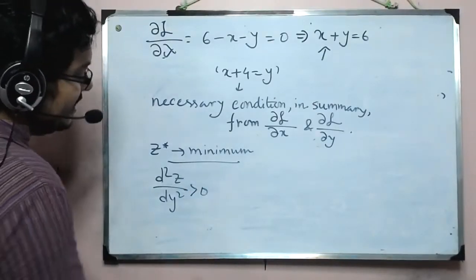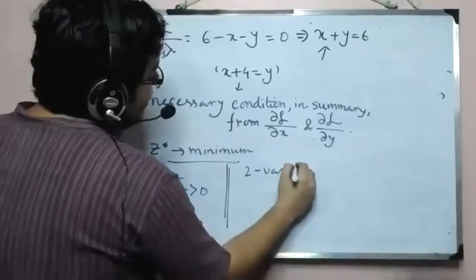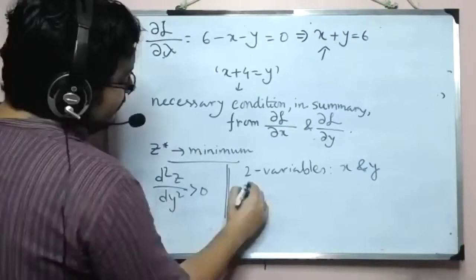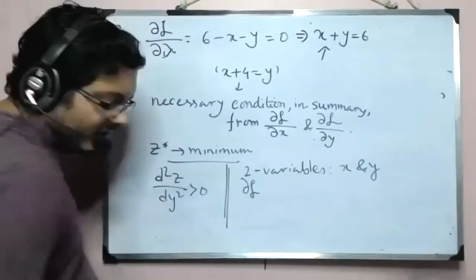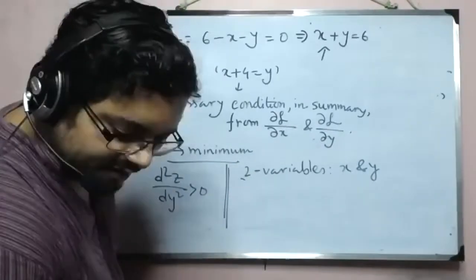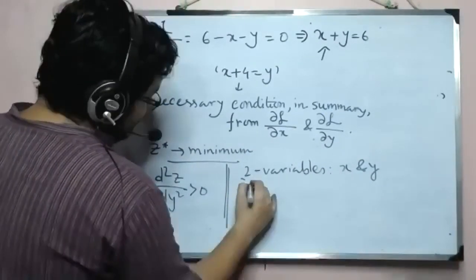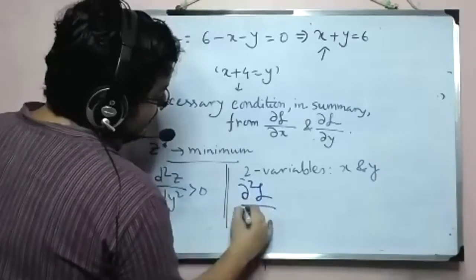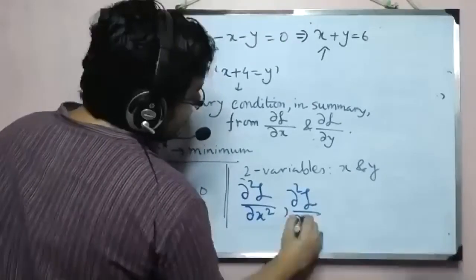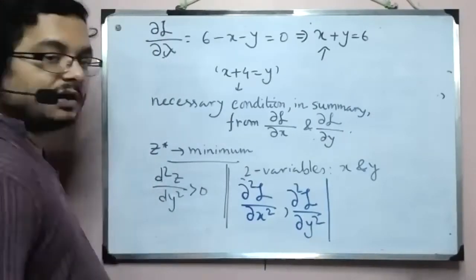Now the question is, here we have two variables x and y. So if we move into second order, we will have first a set of second orders, and then we will also have a set of cross partials.